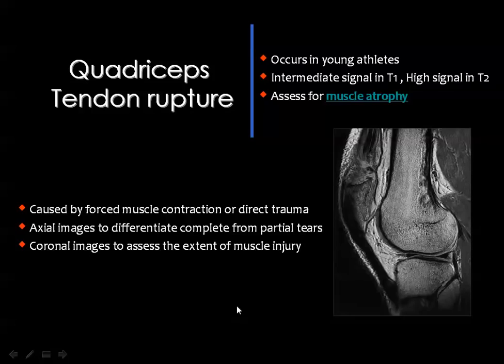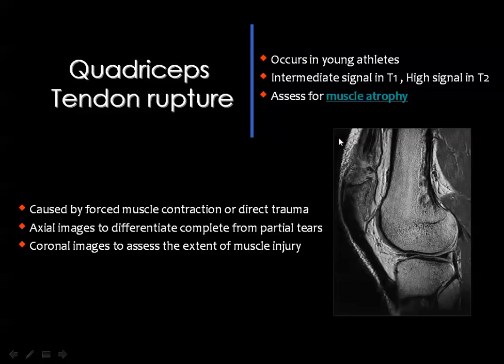Then one of the important issues of any tendon rupture is to assess the state of the muscle belonging to this tendon, because the surgical repair of the tendon depends very much on the state of the muscle.